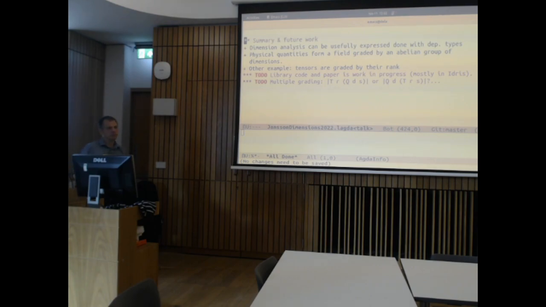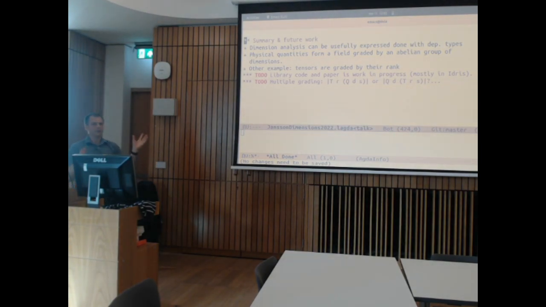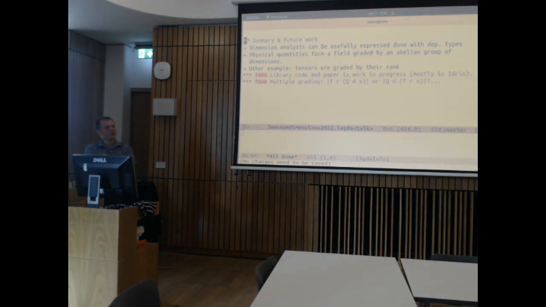You could combine your grading with such a tensor grading into one single grading structure. And then you don't necessarily have to answer the question, which grading do you do first, because you do both of them at the same time. Yeah, you might take the product of the gradings and then grade with that one. But it's not obvious if they conform to each other in the right way.